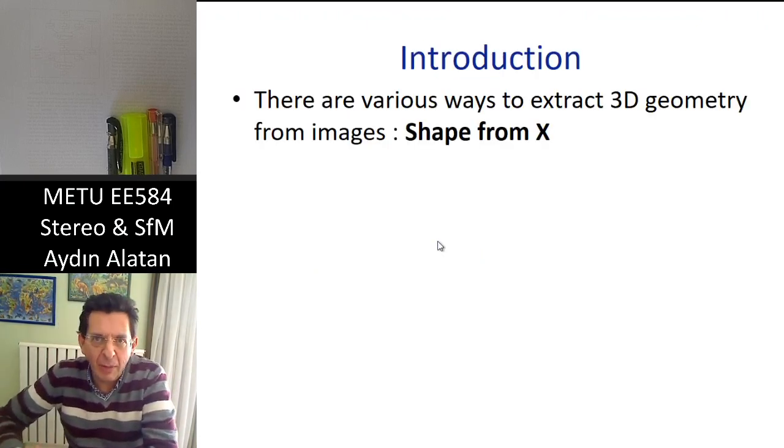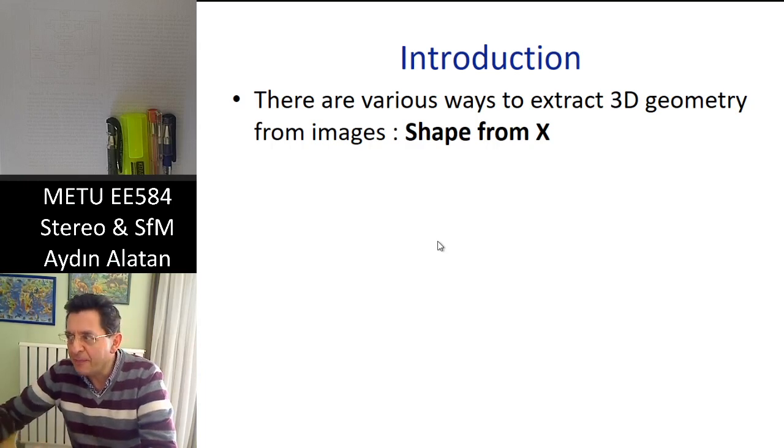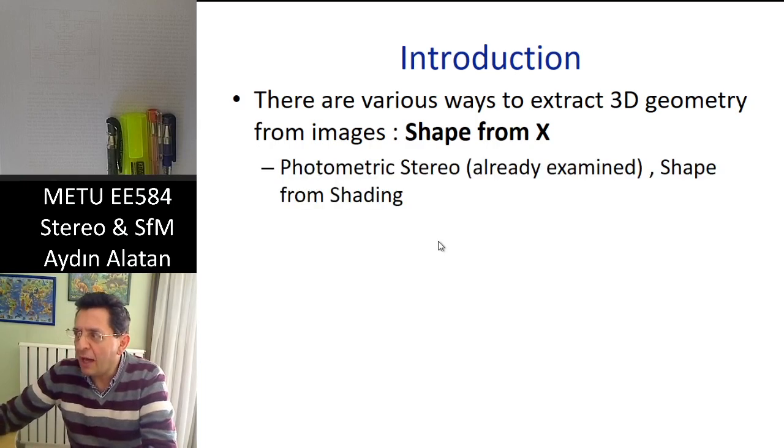First of all, let me remind you, or emphasize, this is not the only way of obtaining 3D shape from images. You can extract 3D geometry from images in various ways. One of them we have already seen, the photometric stereo.